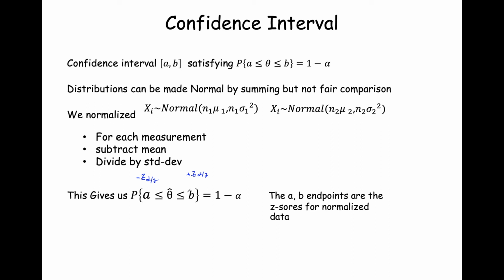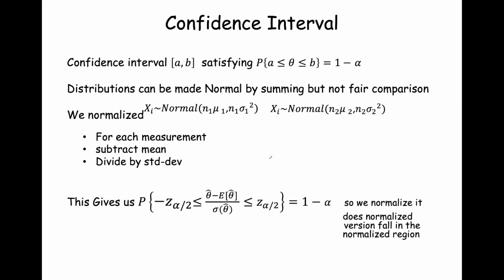So these endpoints, to be a 1 minus alpha times 100% confidence interval, are going to have to be the quantiles corresponding to the correct z-scores that give you that 0.95 probability if you were to integrate or sum between these two regions for that distribution. Okay, so the A and B endpoints are the z-scores for the normalized version of the data.